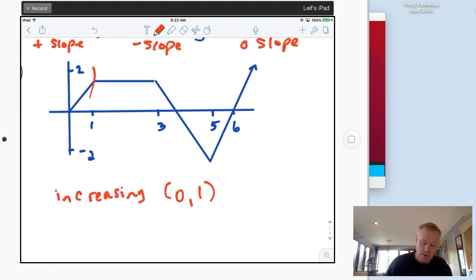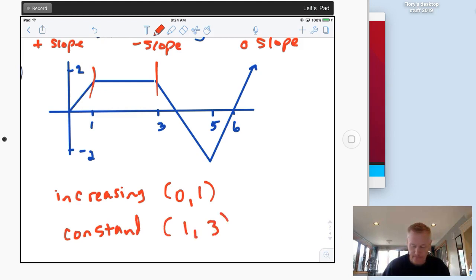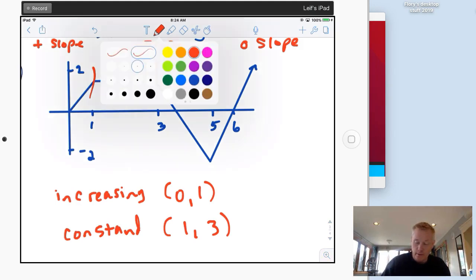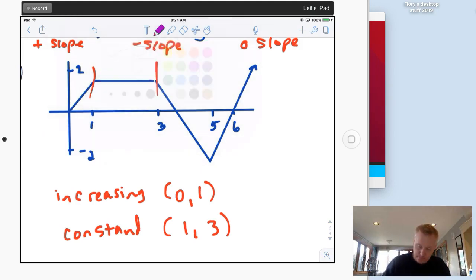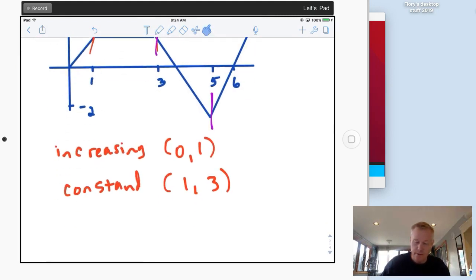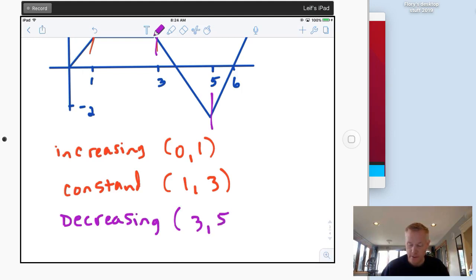Between 1 and 3, it's constant. Okay, and between 3 and 5, here and here, it's decreasing, it's going down, okay? So that was between 3 and 5.